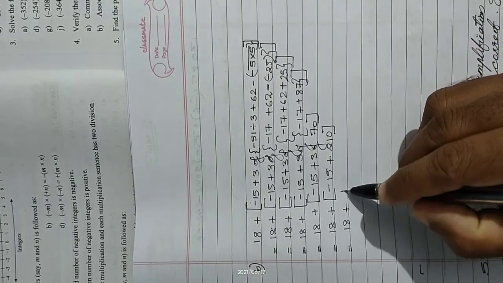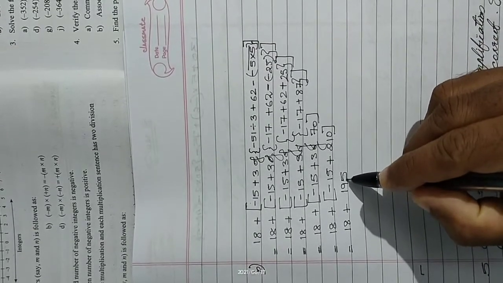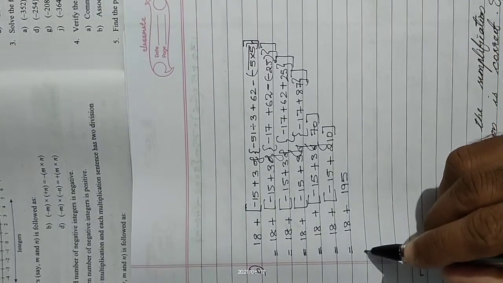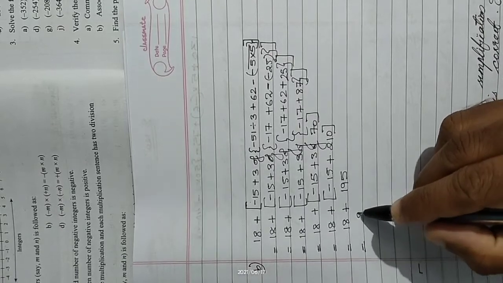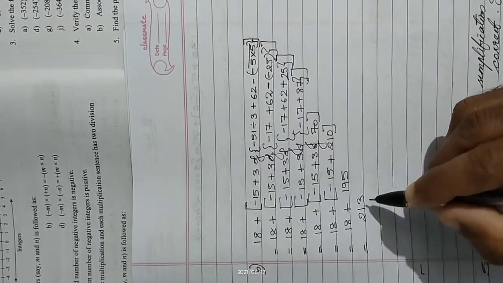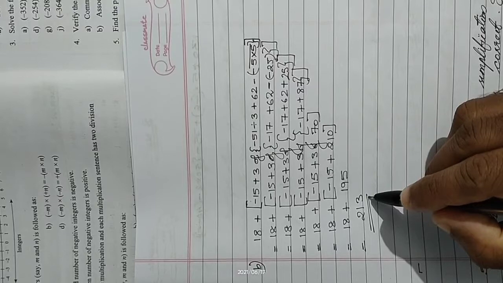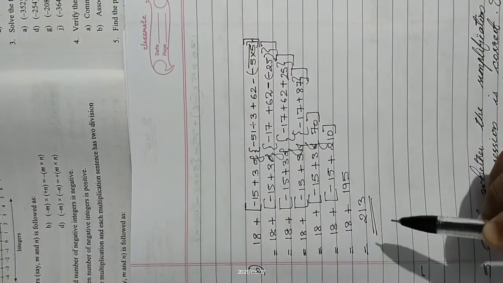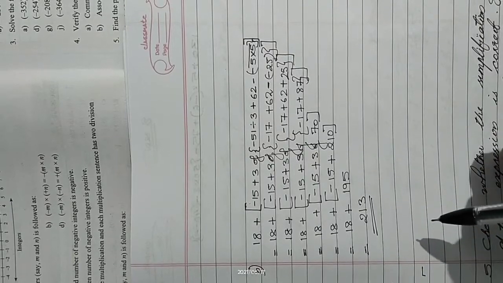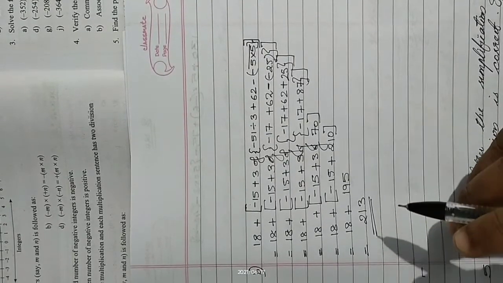We subtract, positive 195. And the bracket is already solved. Then 18 plus 195 is equal to 230. So here A and B are solved, and questions C and D are homework for you.